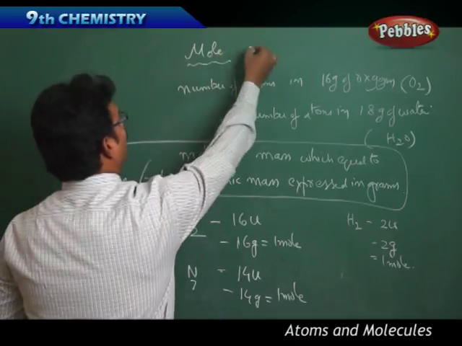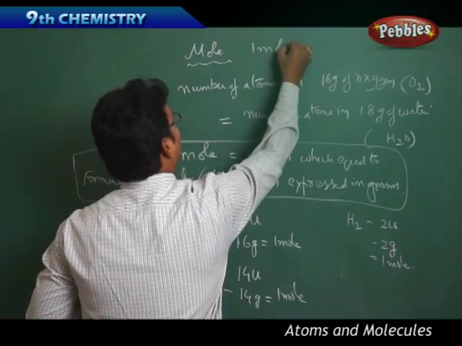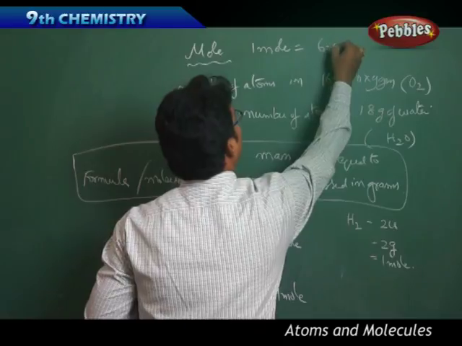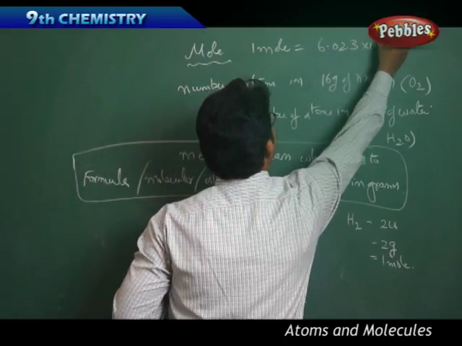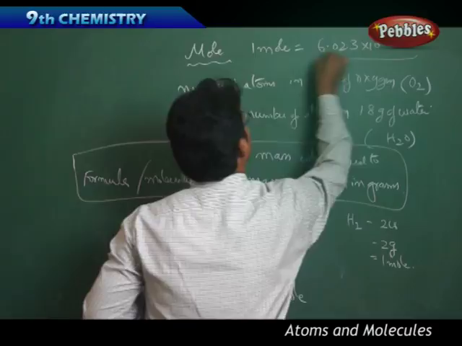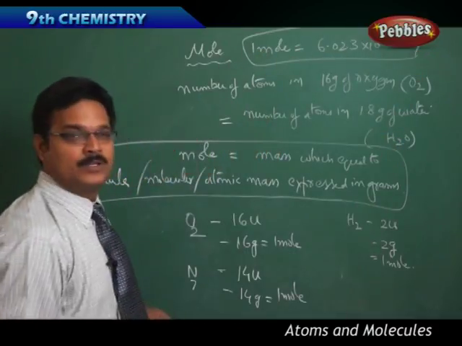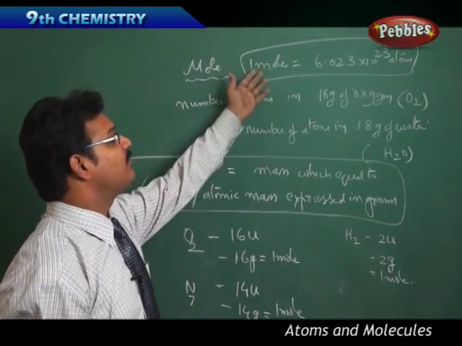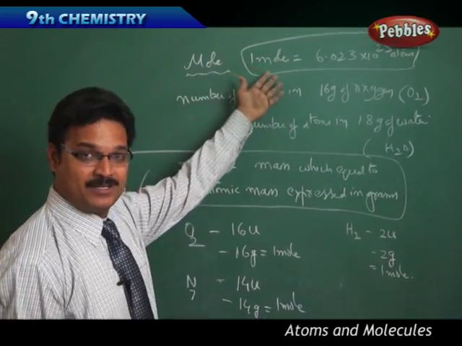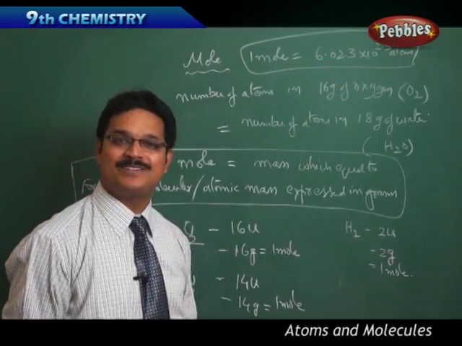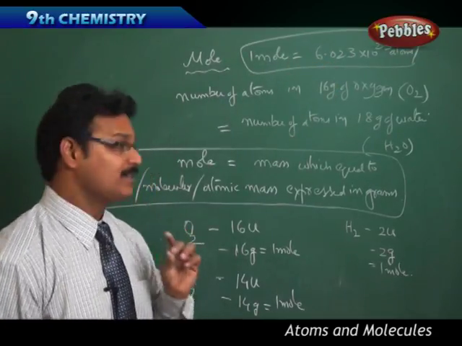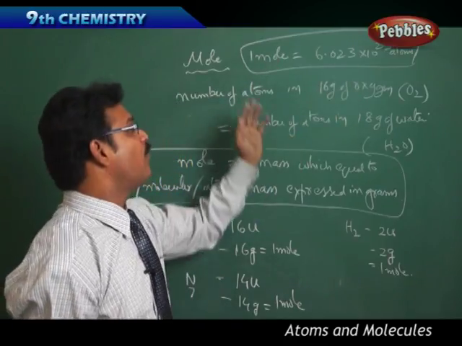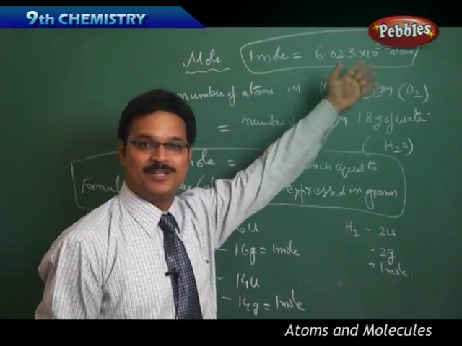So 1 mole equals 6.023 into 10 power 23 atoms or molecules. 1 mole of a substance consists of that number of molecules.